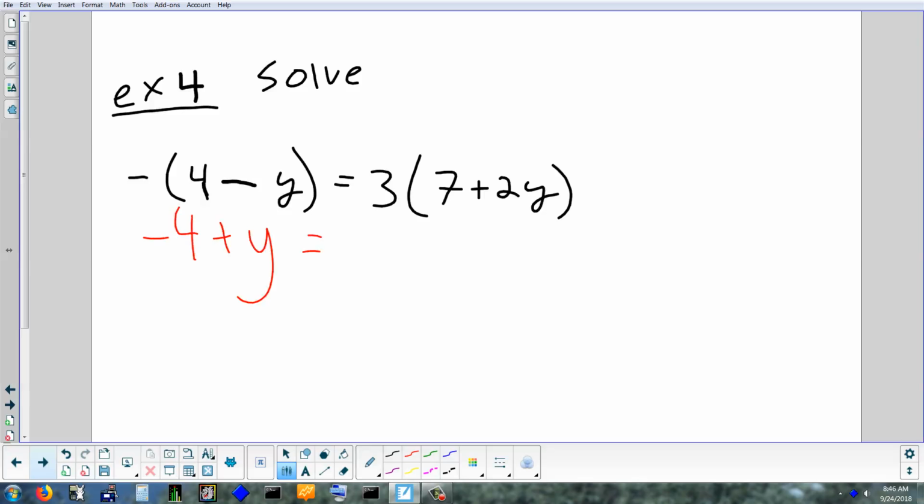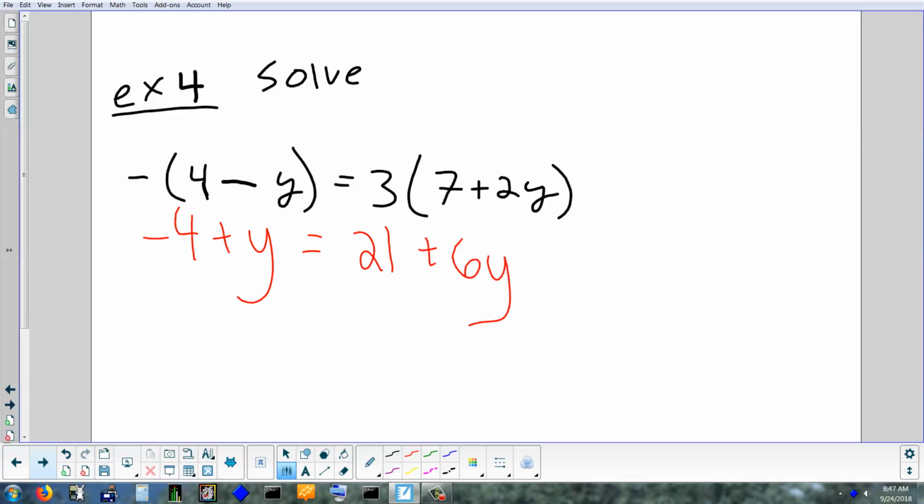On the other side, when I distribute, what are my numbers and my letters going to become? Matt? 21 is the first one, right? 3 times positive 7 is 21. Plus 6y. Perfect. So after distribute comes what, in our steps? Distribute, then combine like terms. Do we have like terms here?